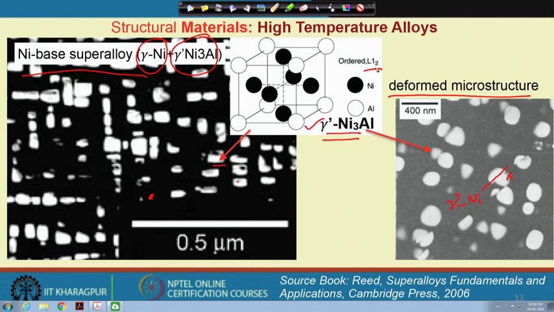So, today we have learned the different categories of structural materials, and functional materials will be discussed in the next classes. We tried to understand how these advanced materials are classified, and even today there is a large demand for developing advanced high strength steels.